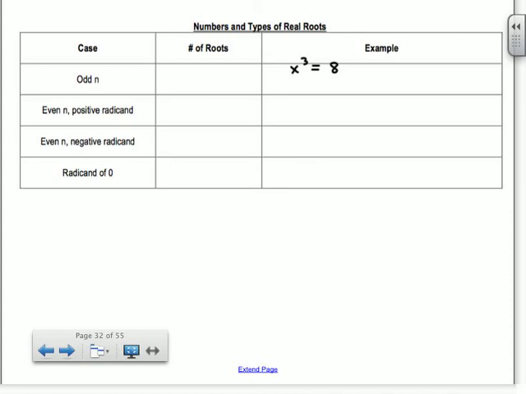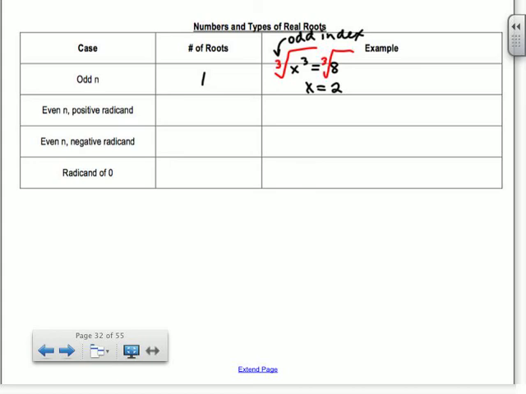So I'm going to take the cube root of both sides. How many answers will you have? Yeah, the answer will be 2, but how many answers are there? Just one, right? So if you have an odd index, there's only one solution, because negative 2 times itself 3 times doesn't make positive 8.